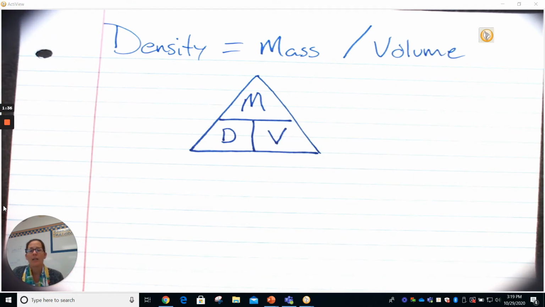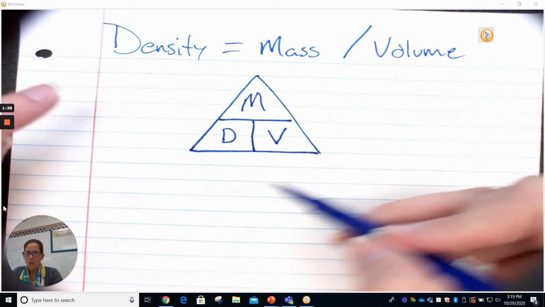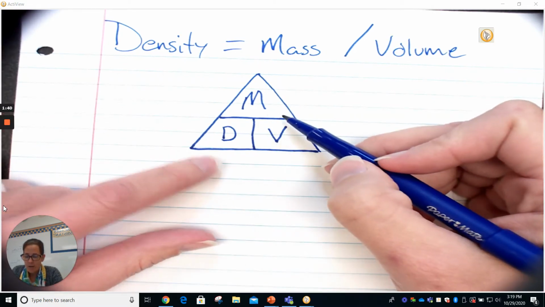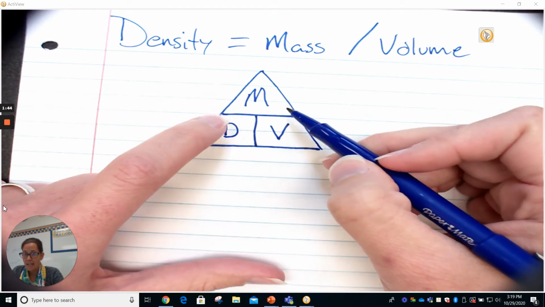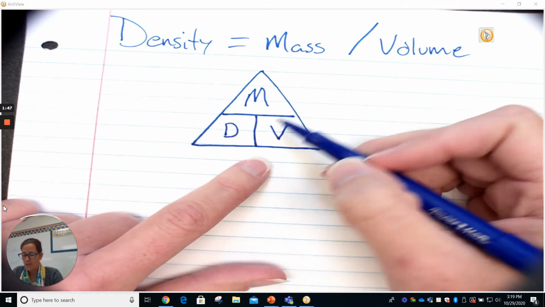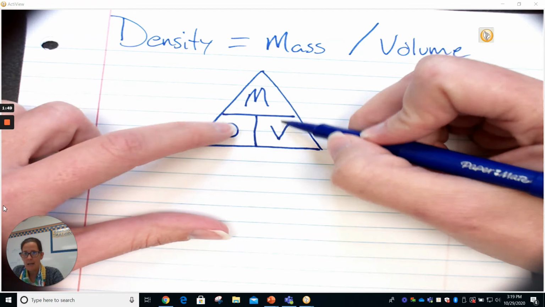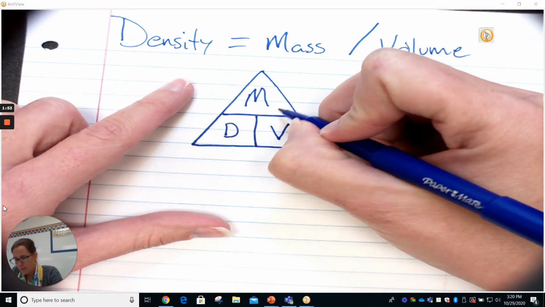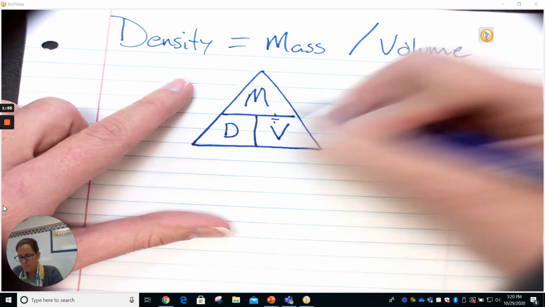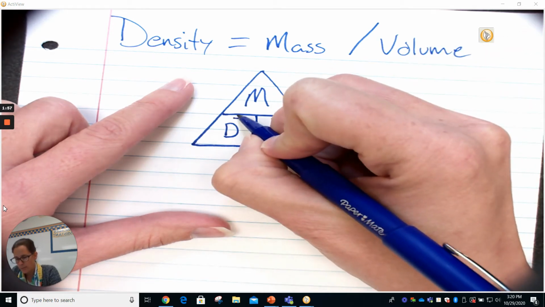So this triangle right here, what this means is I can find any of these things as long as I have the other two. And the way I'm going to do that is by dividing or multiplying. So if I'm crossing this line on top, I'm going to divide. So I'm going to put a little division sign right here. And I'm going to put one over here too.